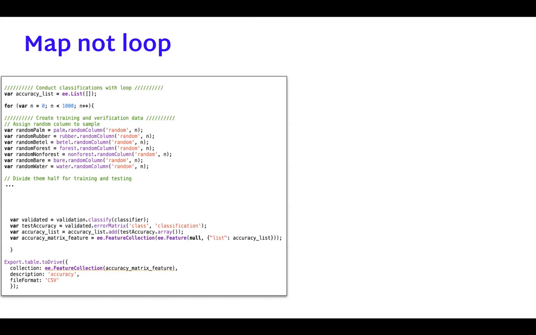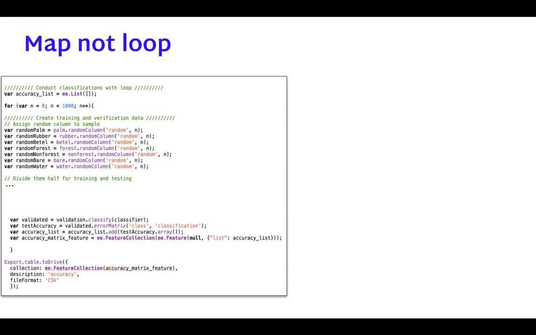You will create the empty list first and then specify where it starts and where it ends. And then that's it. This will not run 1,000 times for sure. It will try to run on the client side, and it's just not a good practice.